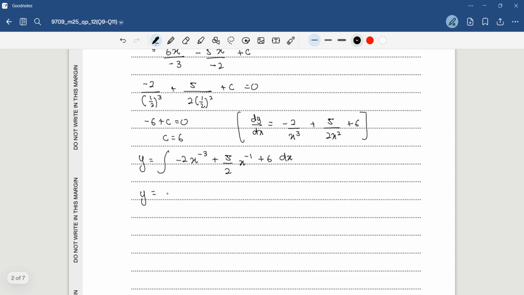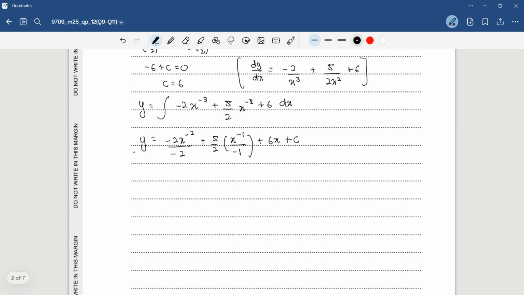So y is equivalent to negative 2x^-2 over negative 2 plus 5/2 times x^-1 over negative 1 plus 6x plus c. Therefore my y is equivalent to 1 over x squared minus 5 over 2x plus 6x plus c.